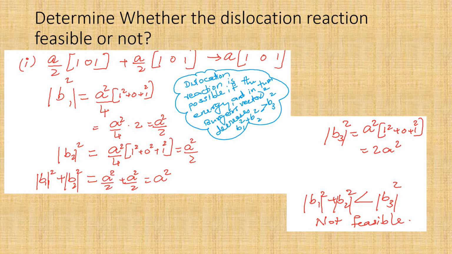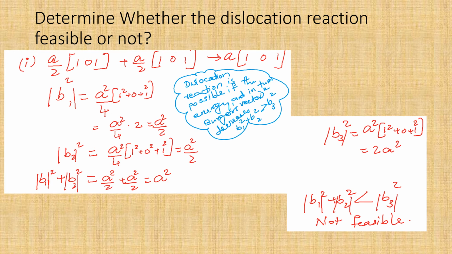Now we are moving to some examples to check whether the given dislocation reaction is feasible or not. So consider such a reaction: a/2 [101] plus a/2 [101] yields a [101]. You have to check whether this type of dislocation reaction is feasible or not.